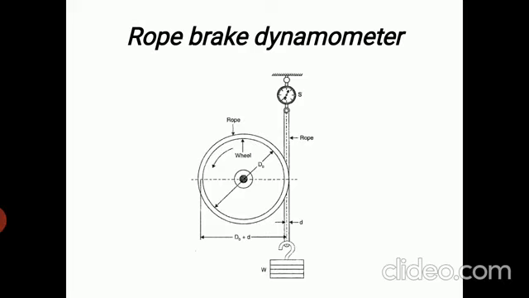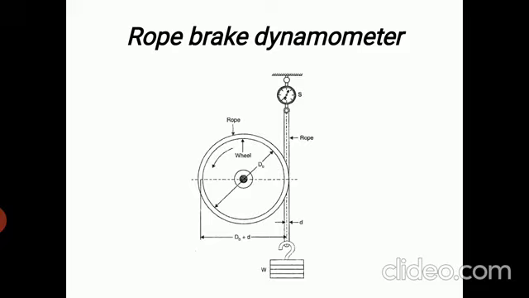Most of the time the engine wants to maintain constant speed. We will test this type of dynamometer on a constant speed stationary engine. It has to maintain constant speed, but because of the external load added on the drum, the speed of the engine will decrease. To maintain the constant speed, the amount of fuel supplied to the engine has to be increased.